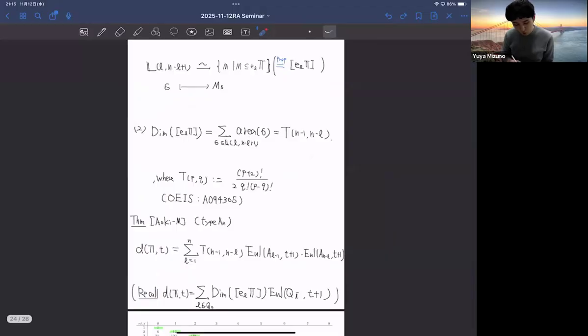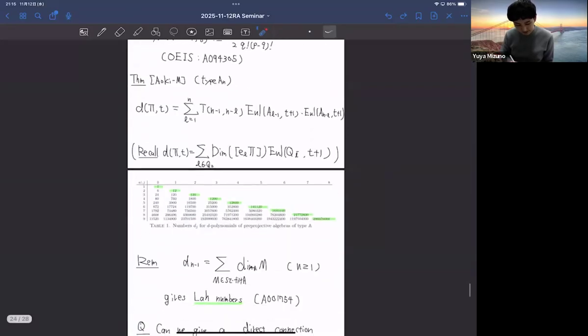So as a summary, we conclude that the d-polynomial for type An is described as follows: some numbers and the multiplication of the Eulerian polynomials. And this is just a table of these d-polynomials for some small numbers.